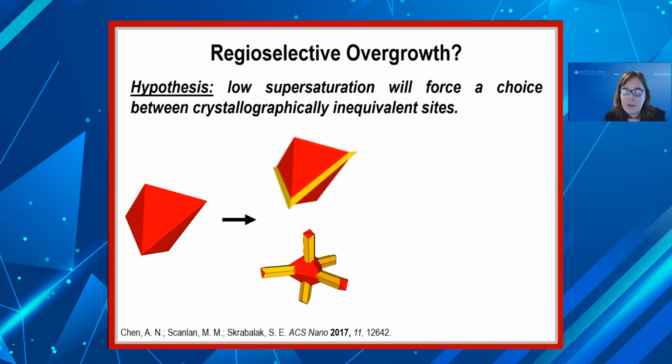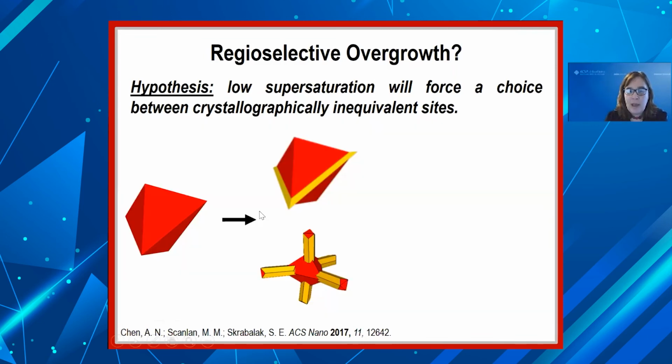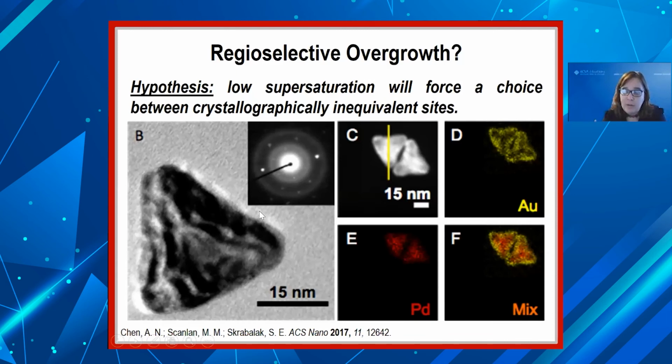So the basic idea or hypothesis behind this was that at very low supersaturation, we may be able to force a choice between these crystallographically inequivalent sites because the barrier for heterogeneous nucleation on the axial positions may be different than that of the equatorial positions. So you can imagine then taking these right bipyramidal seeds and decreasing the amount of metal that's available to deposit so that you can enter into a regime of low supersaturation.